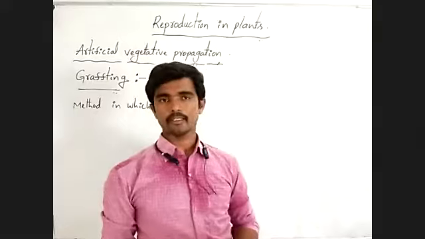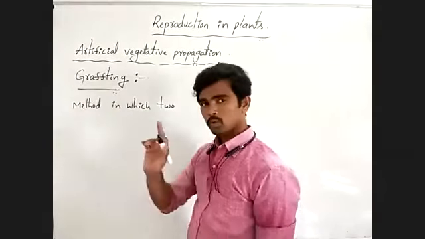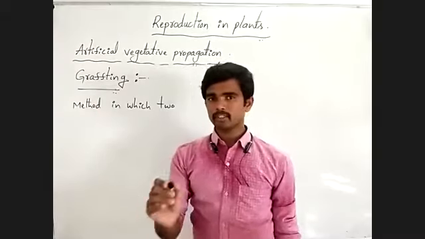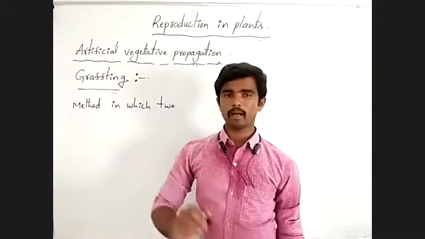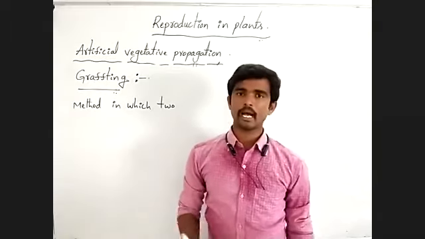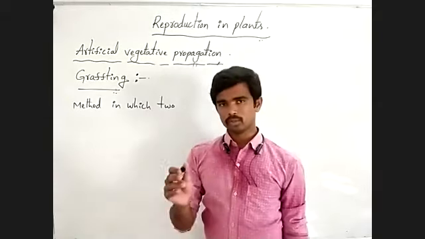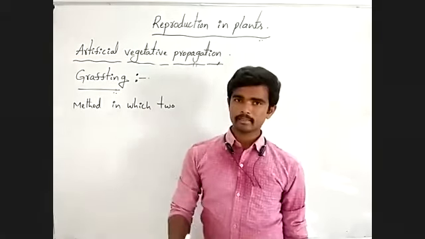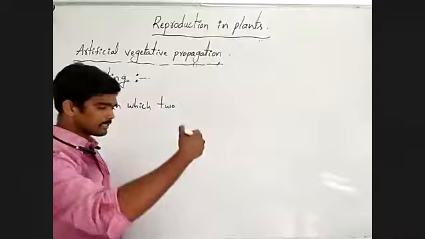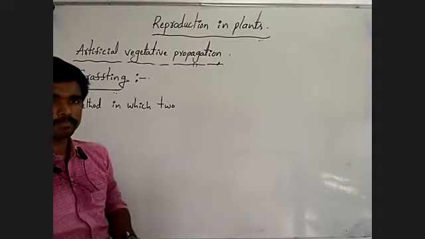Listen carefully here. In the grafting method, two stems of two different plants of the same species or different species are joined together, and those two stems grow as a single plant. This type of method is called the grafting method.